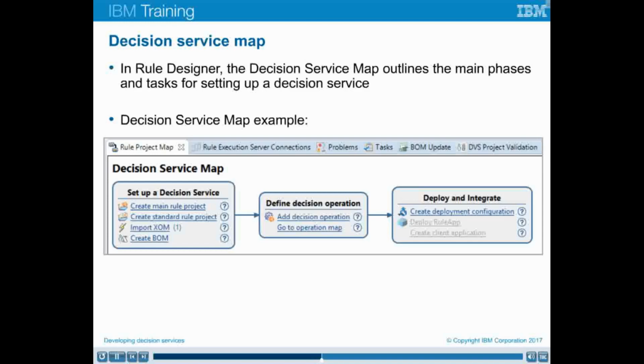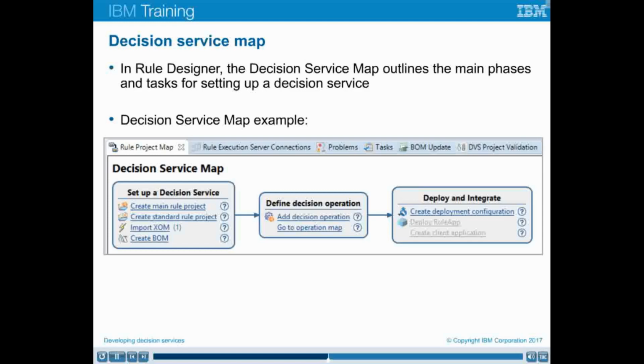Goals are represented as rounded parts, as you see here: set up a decision service, define decision operation, deploy and integrate. Tasks are represented as links in the goals of the map. So in the set up a decision service goal, the first link or task is to create a main rule project. The map guides you through development by identifying the sequence of tasks and their status.